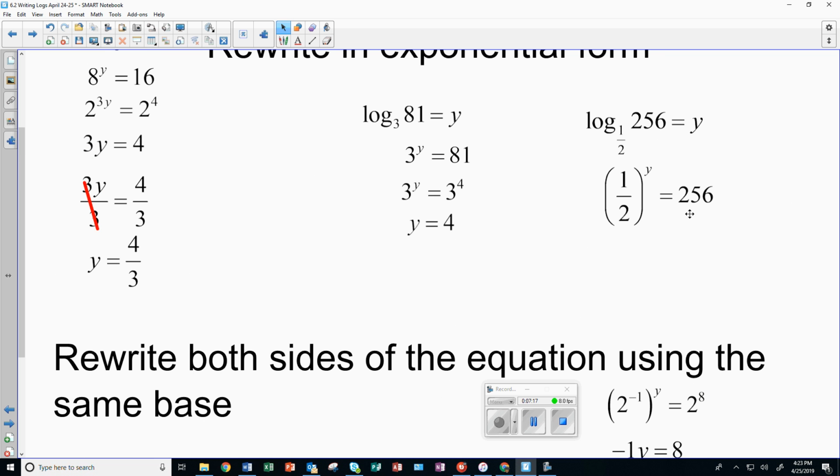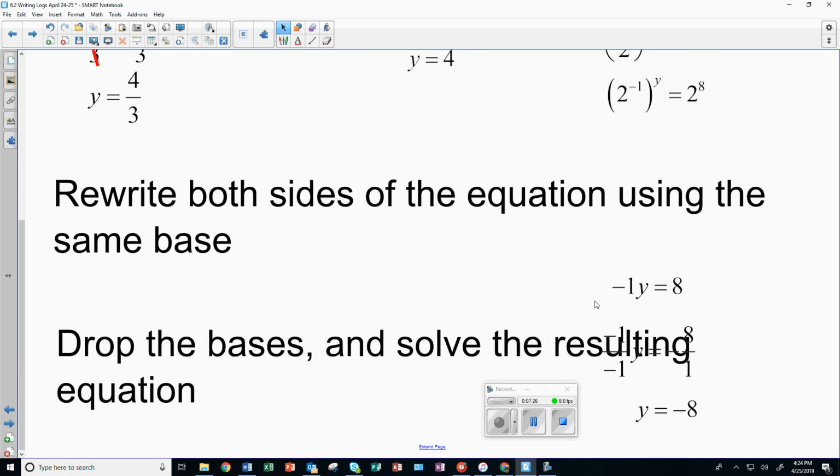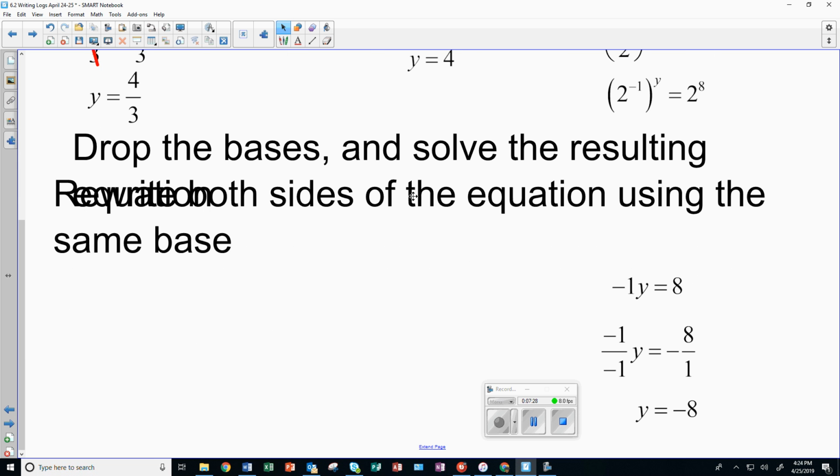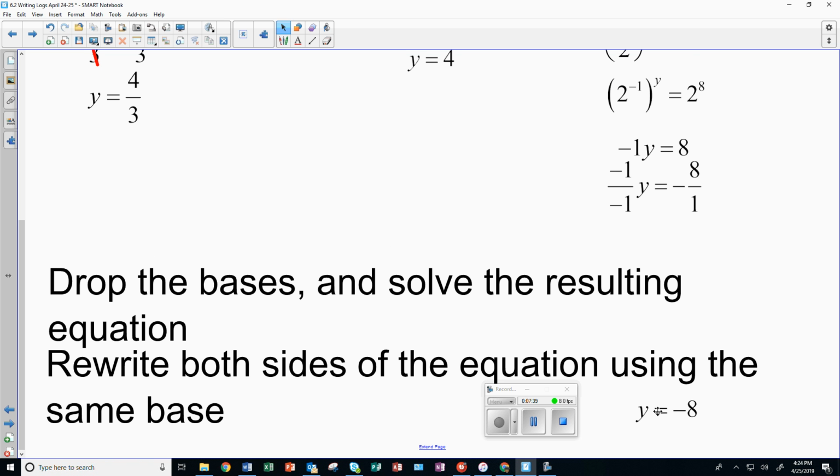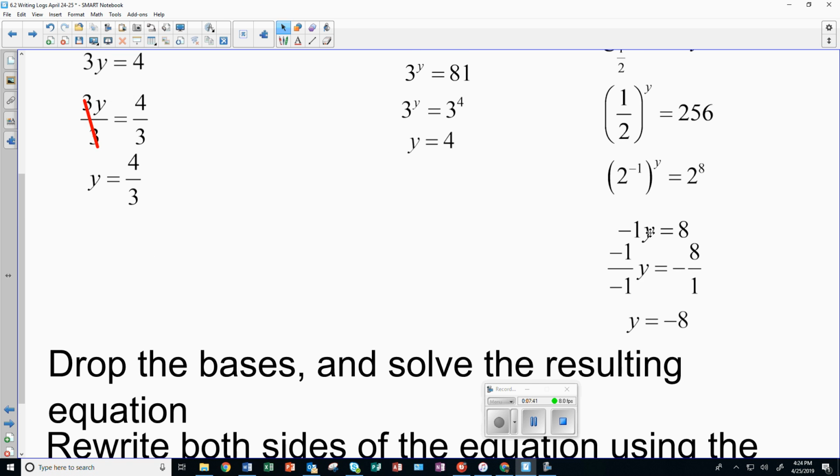I know that 1/2 is equal to 2 to the power negative 1. 256 can be written as 2 to the power 8. Then I'll drop the bases and solve the resulting equation. That's this. Divide both sides by negative 1, and y is equal to negative 8.